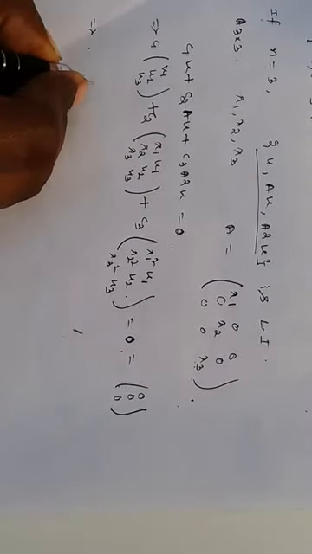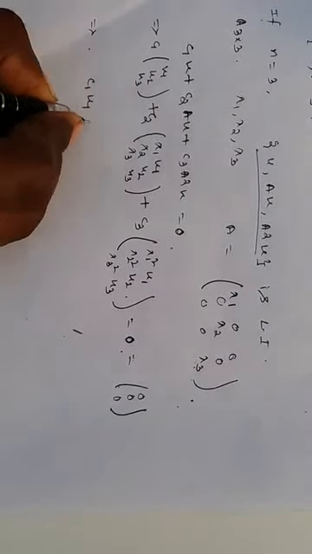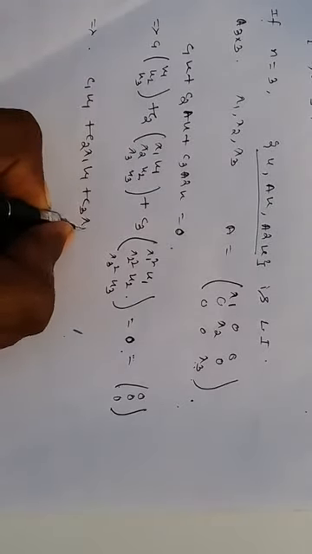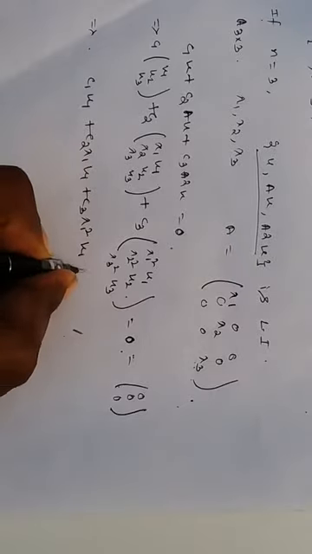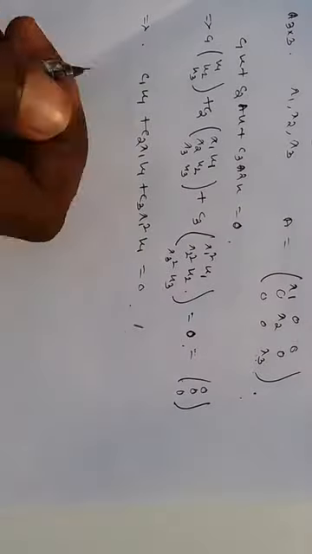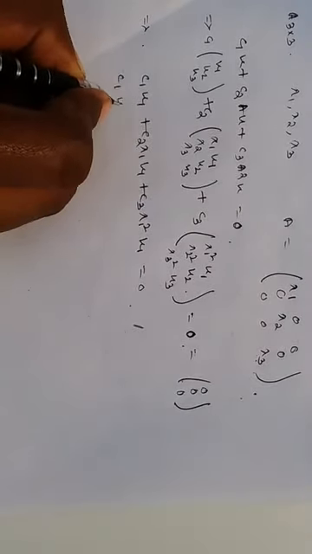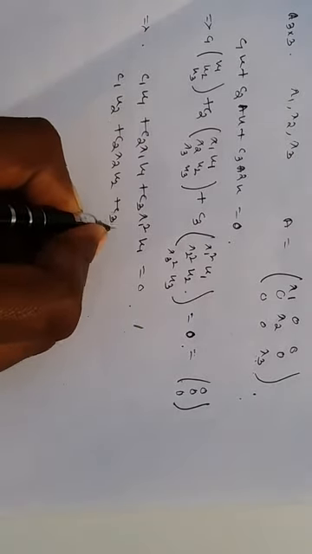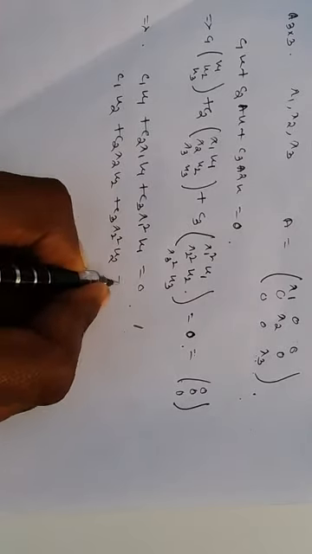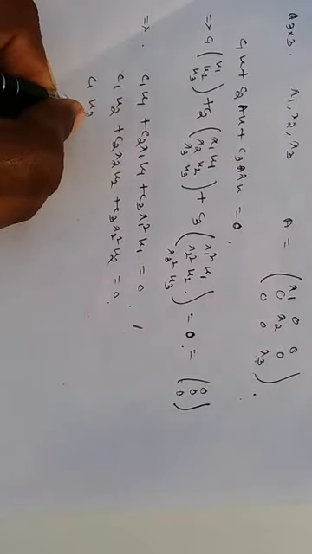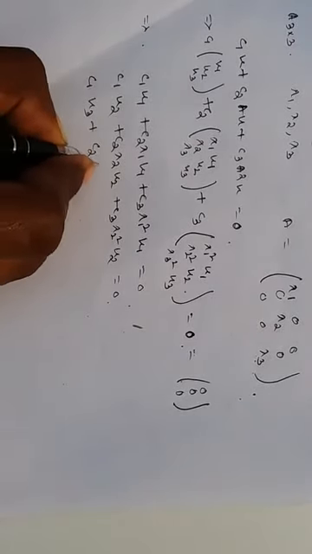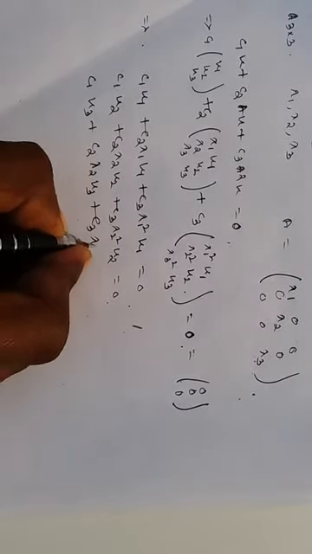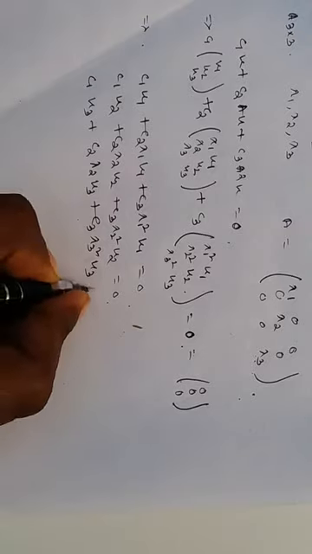So from here we say that C1 U1 plus C2 lambda 1 U1 plus C3 lambda 1 squared U1 equal to 0, and from the second, C1 U2 plus C2 lambda 2 U2 plus C3 lambda 2 squared U2 equal to 0, and C1 U3 plus C2 lambda 3 U3 plus C3 lambda 3 squared U3 equal to 0.